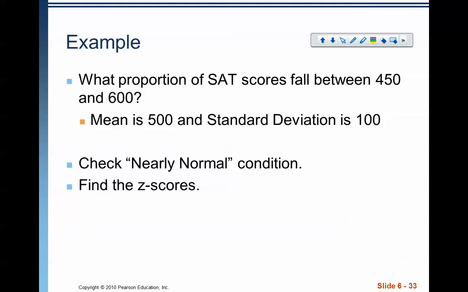So the question is, what proportion of SAT scores fall between 450 and 600? We want to find the proportion of SAT scores that fall between 450 and 600, where the mean is 500 and the standard deviation is 100. Before we do anything else, is it reasonable to assume that SAT scores are relatively normal?